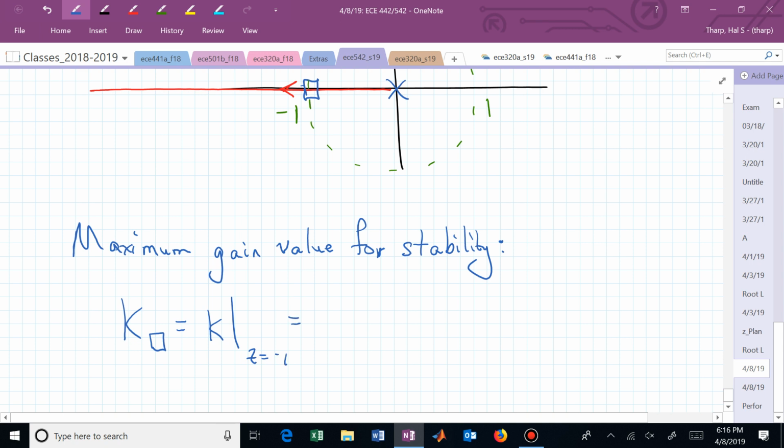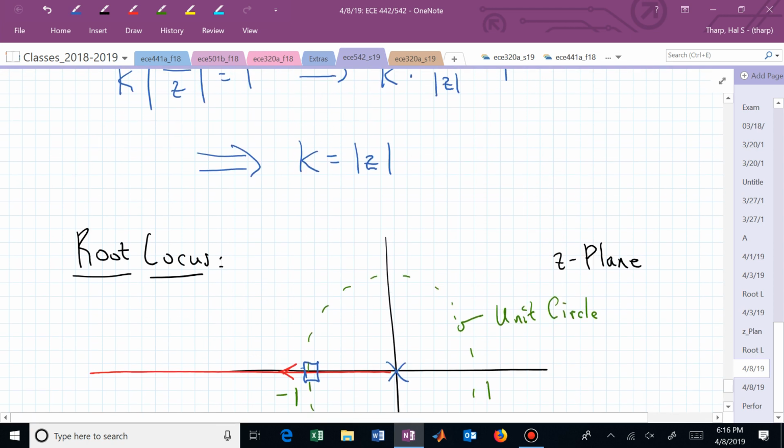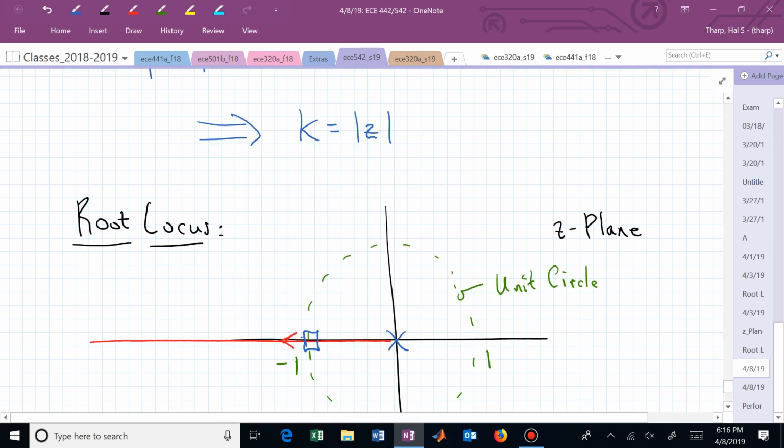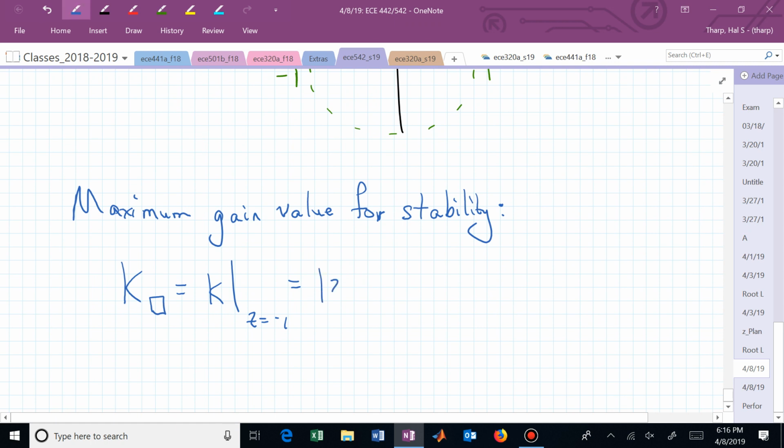And what was my expression for k? It was just the magnitude of z. I can now say, oh, this is the magnitude of z evaluated at that box, which is located on top of z equal to -1. Oh boy, this is getting very challenging, isn't it?